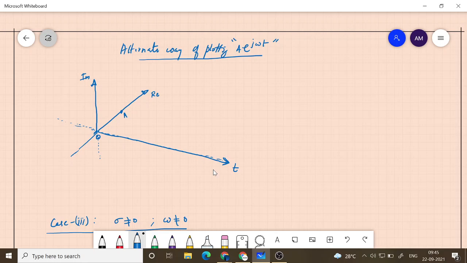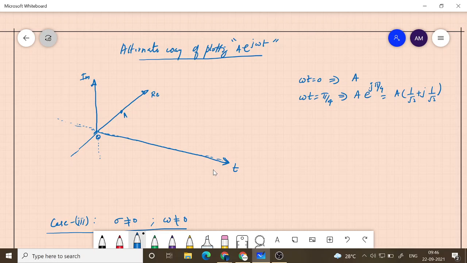So first omega t equal to 0, we have it as A. Then omega t equal to pi by 4, then it will be A into e raised to j pi by 4. Now what is e raised to j pi by 4? It is 1 by root 2 plus j 1 by root 2. So cos pi by 4 is 1 by root 2, sin pi by 4 is 1 by root 2.